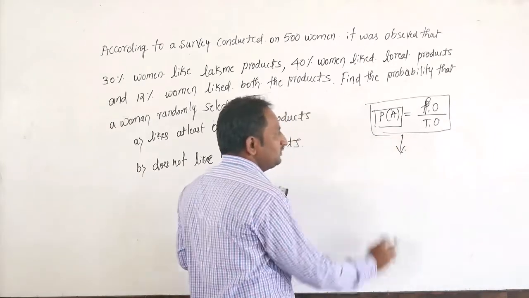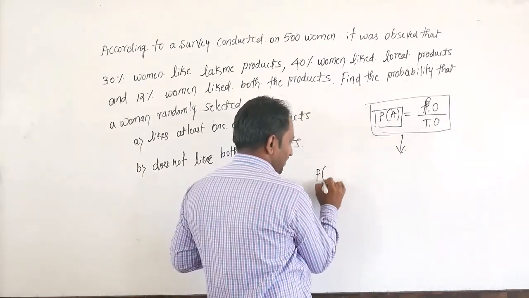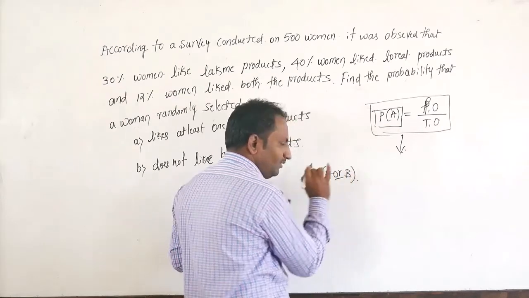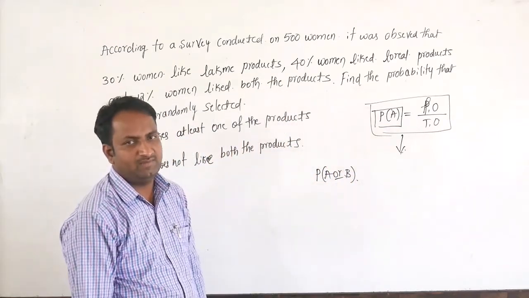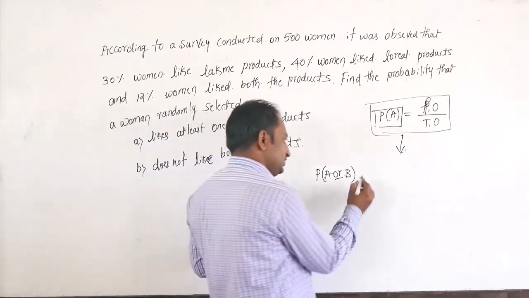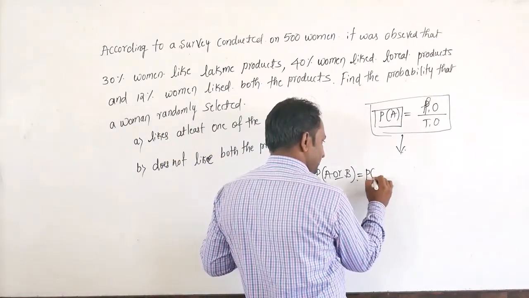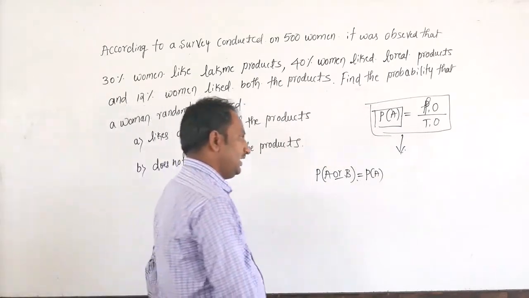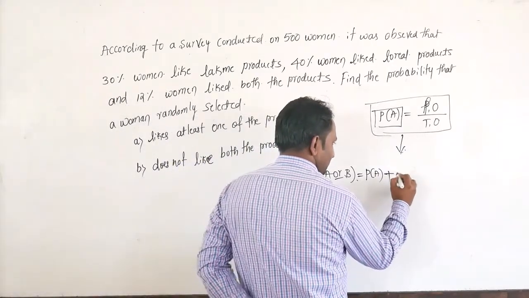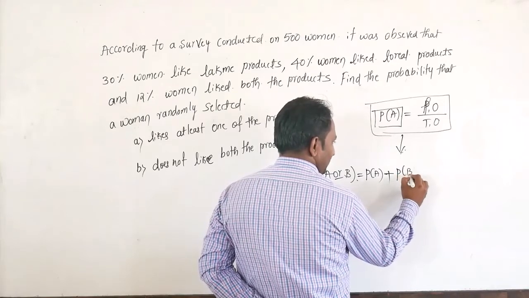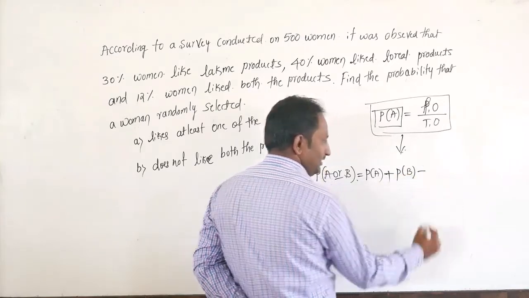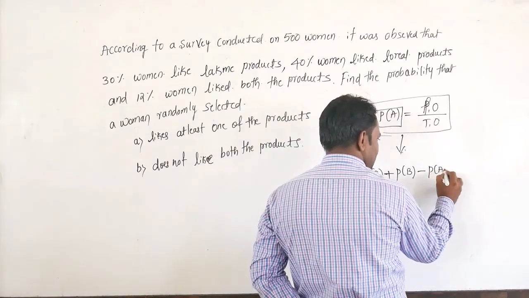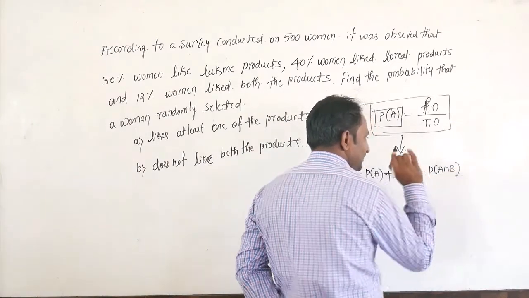On the basis of this concept we can take probability of an event A or B. Probability of A or B is equal to probability of A plus probability of B minus probability of A intersection B.